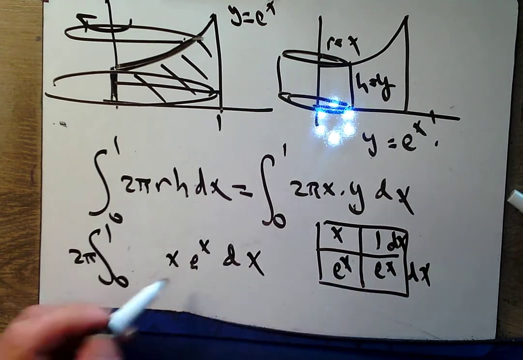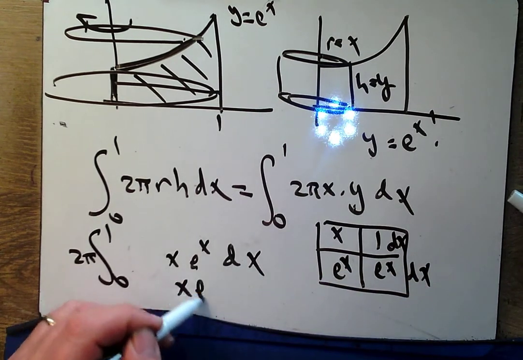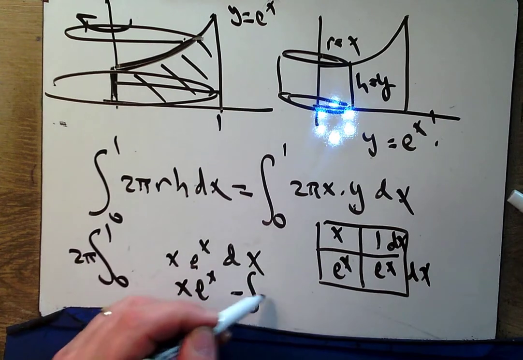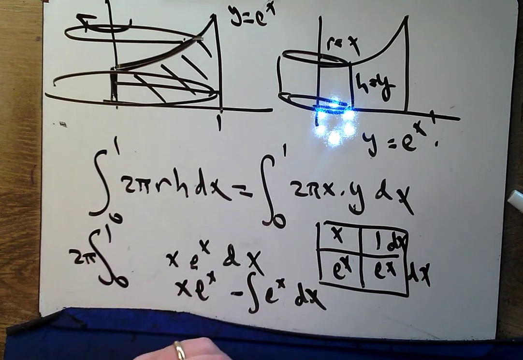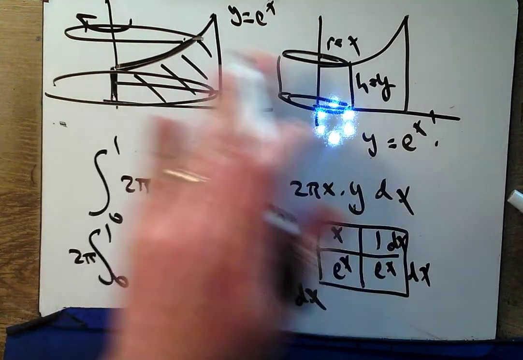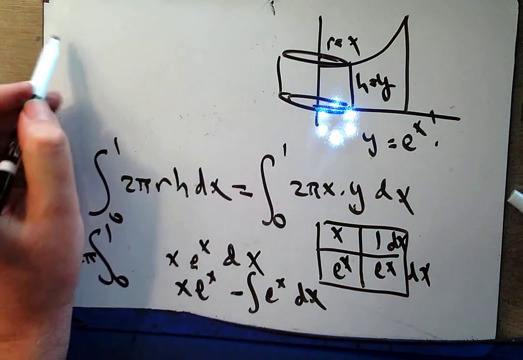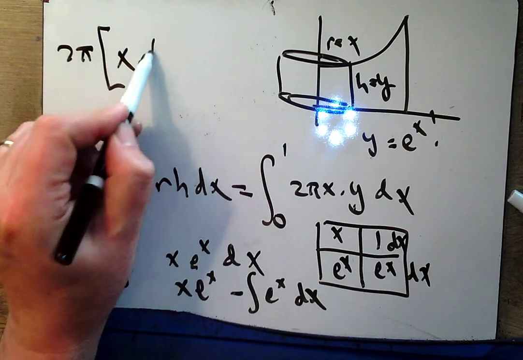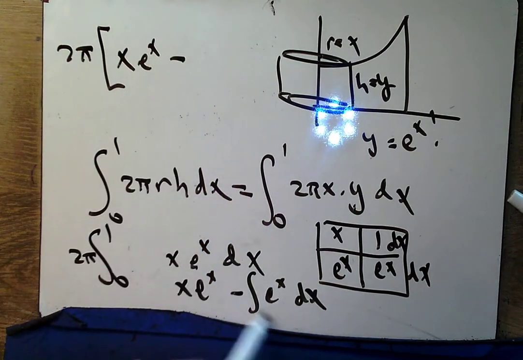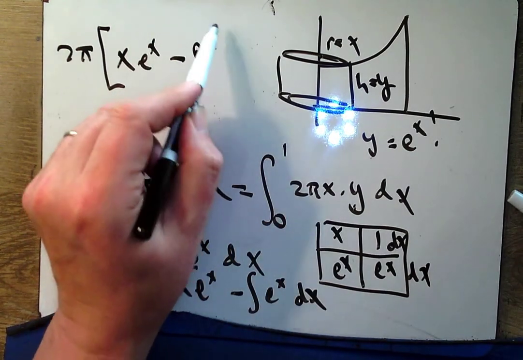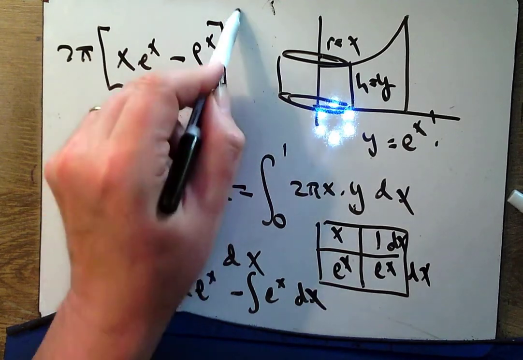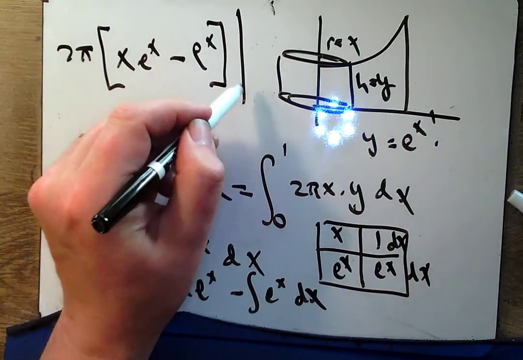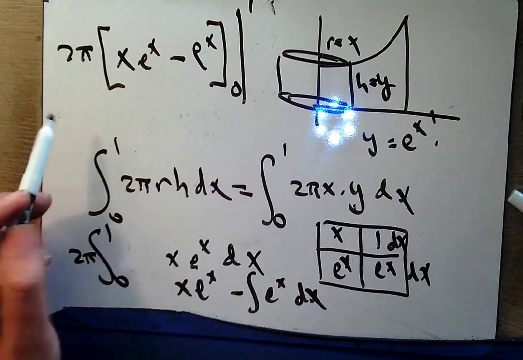and I get this. So this is going to be x e to the x minus the integral of e to the x dx. And so I can say then that I've got 2 pi times x e to the x minus the antiderivative of e to the x, which is e to the x. And I'd like to evaluate this from 0 to 1.